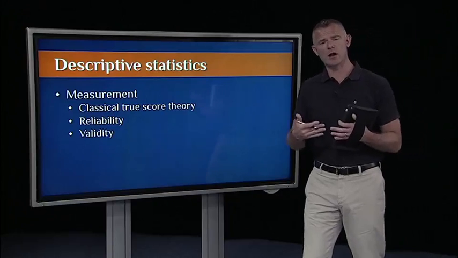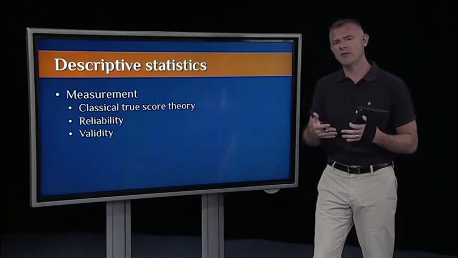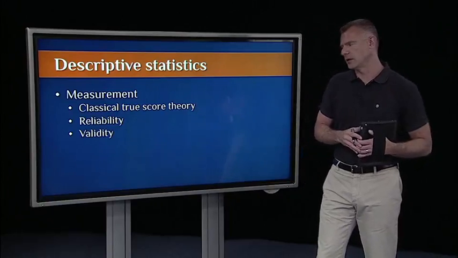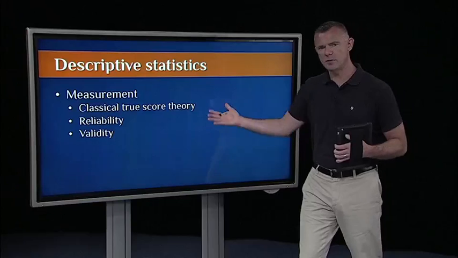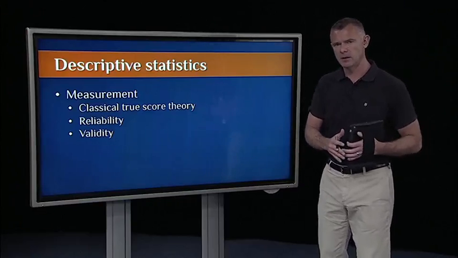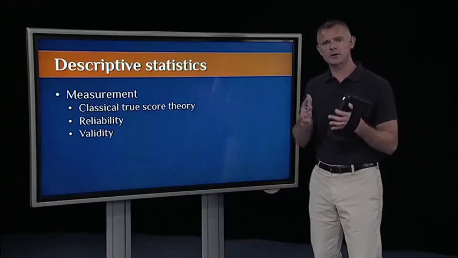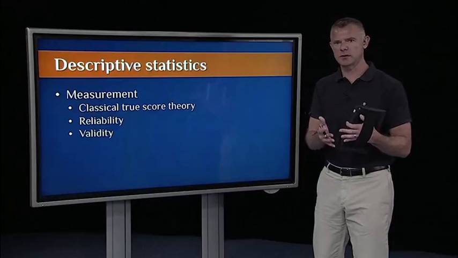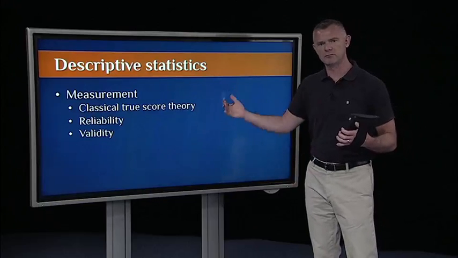So how reliable are your measures, and are they valid measures of the construct under investigation? That's an important piece to understand, especially if you're looking at correlational data. So that's the first part of the semester: descriptive statistics, correlation, and measurement.